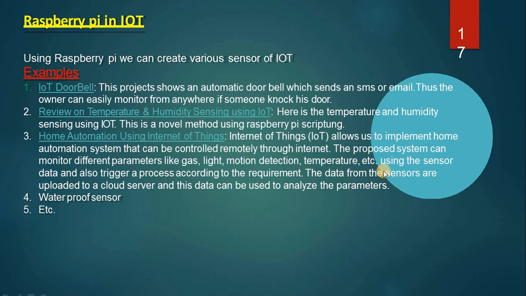The proposed system can monitor different parameters like gas, light, motion detection, temperature, etc. using the sensor data and also trigger a process according to the requirement. The data from the sensors are uploaded to a cloud server and this data can be used to analyze the parameters. Fourth example is waterproof sensor, etc.